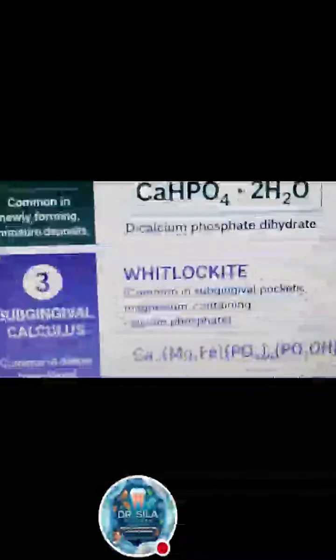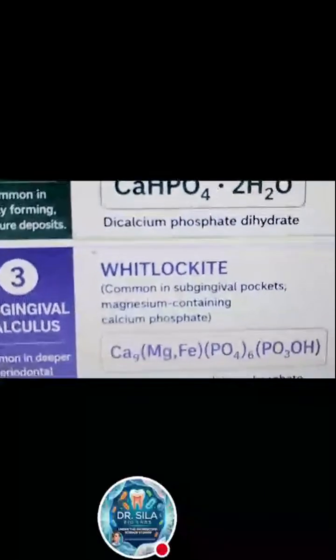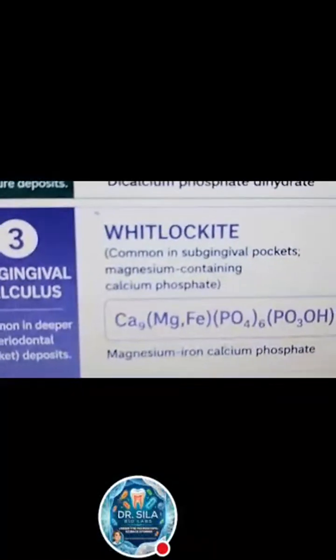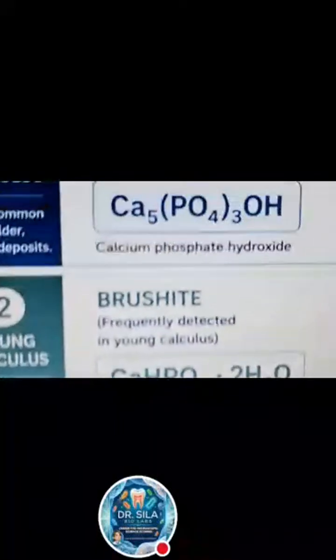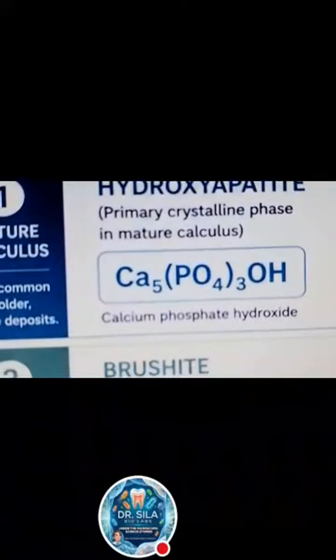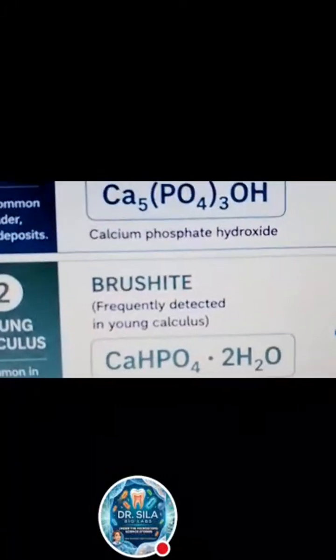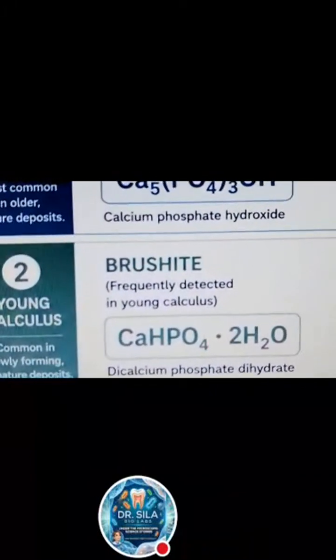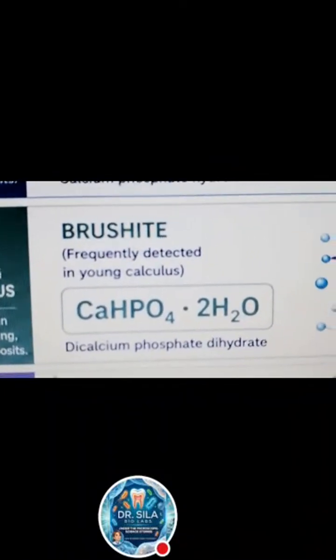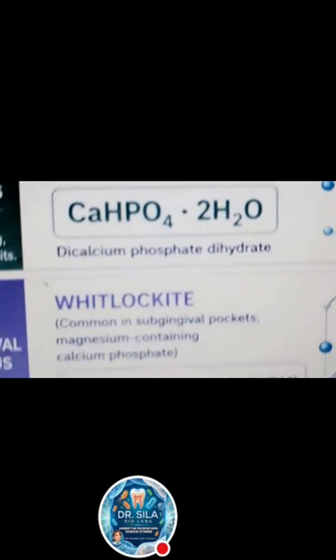Subgingival calculus, common in subgingival pockets, is whitlockite, a magnesium-containing calcium phosphate.